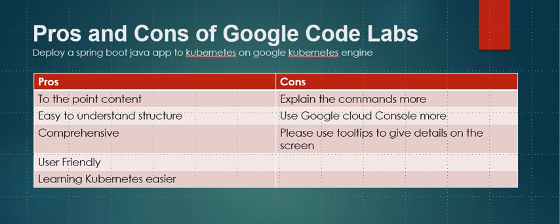Why is it a better choice? Looking at a user interface, they can figure things out more than looking at the commands. So I think in this Codelab we could have used Google Cloud Console more. They could have incorporated usage of Google Cloud Console in the steps themselves.